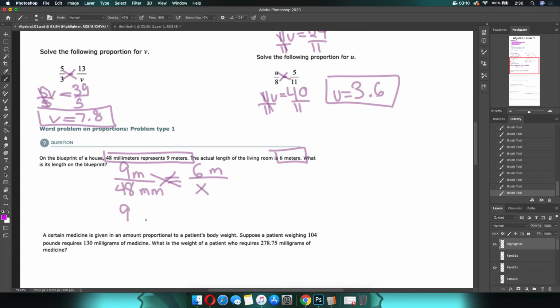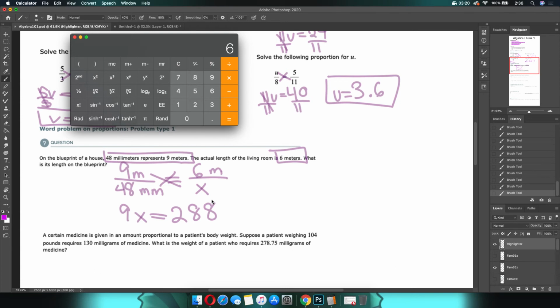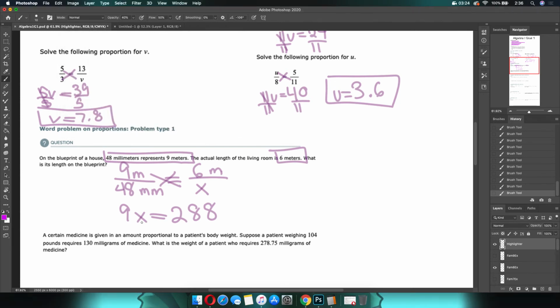So 9x equals 6 times 48, 288, I think. Let me double check. 6 times 48. Okay? Divide by 9. x equals what? 288 divided by 9. That's going to be 32. At least it divides evenly.